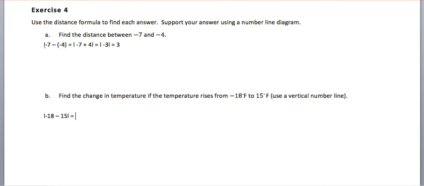And the absolute value, we're going to change this to an addition problem, and we will add the inverse, which is -15. Since the two numbers have the same sign, we will add their absolute values and keep the sign, which will give us -33, and the absolute value of -33 is 33. So the change in temperature when the temperature rises from -18 degrees Fahrenheit to 15 degrees Fahrenheit was 33 degrees.